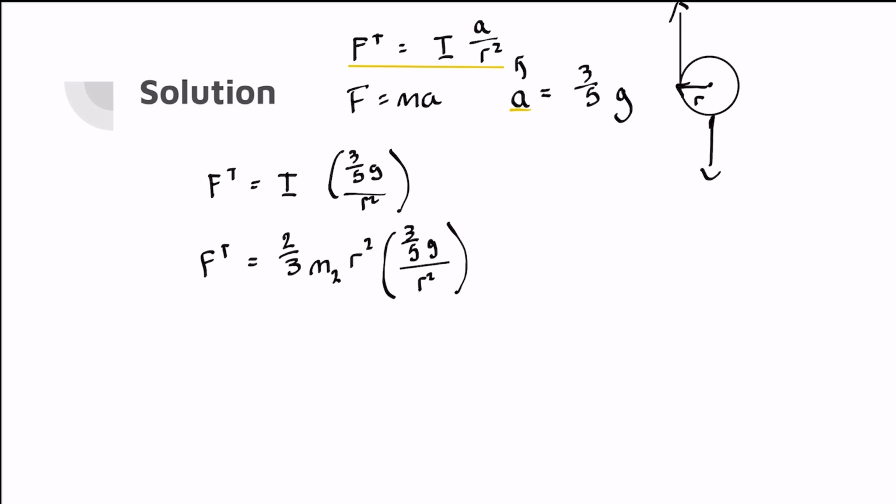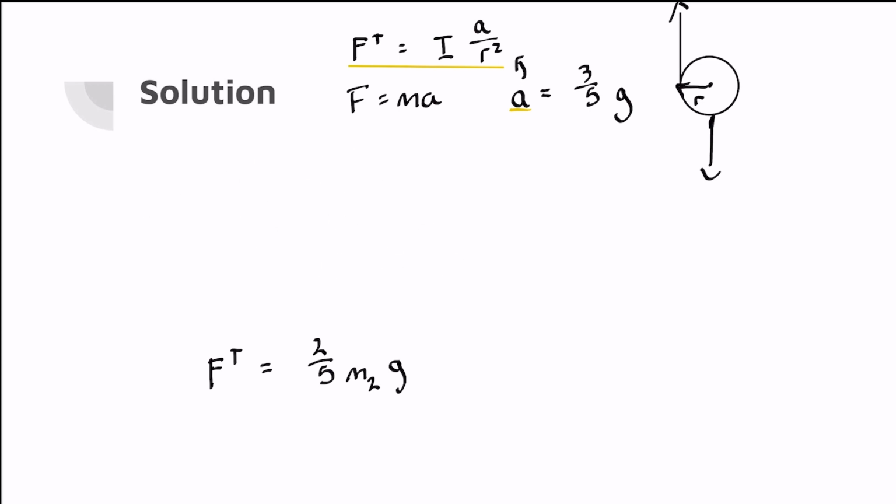Now, solve this out, cancel things out. Not going to show the whole process because, again, unnecessary, but we're going to get force tension is equal to 2/5 mass of the ball times gravity. Okay, now we have another little equation that we can come up here and secret away.